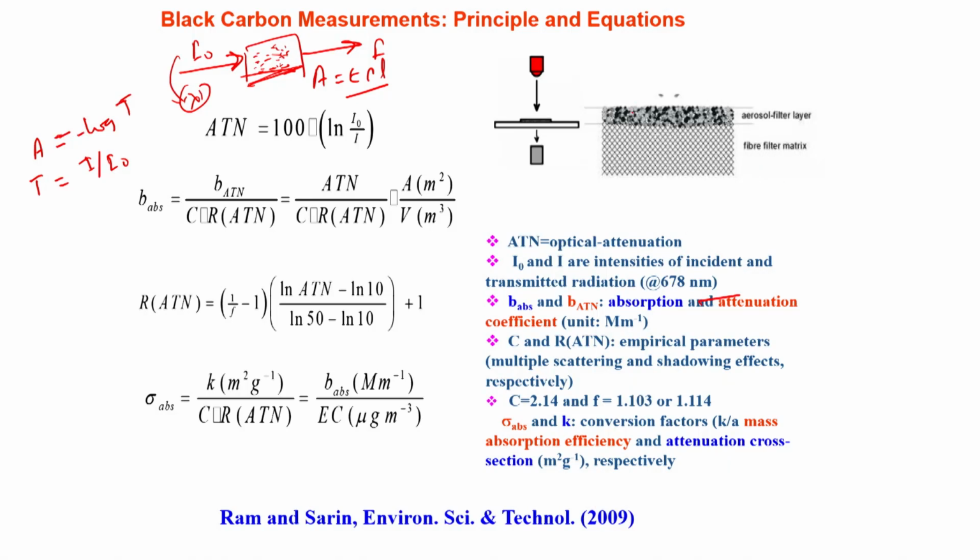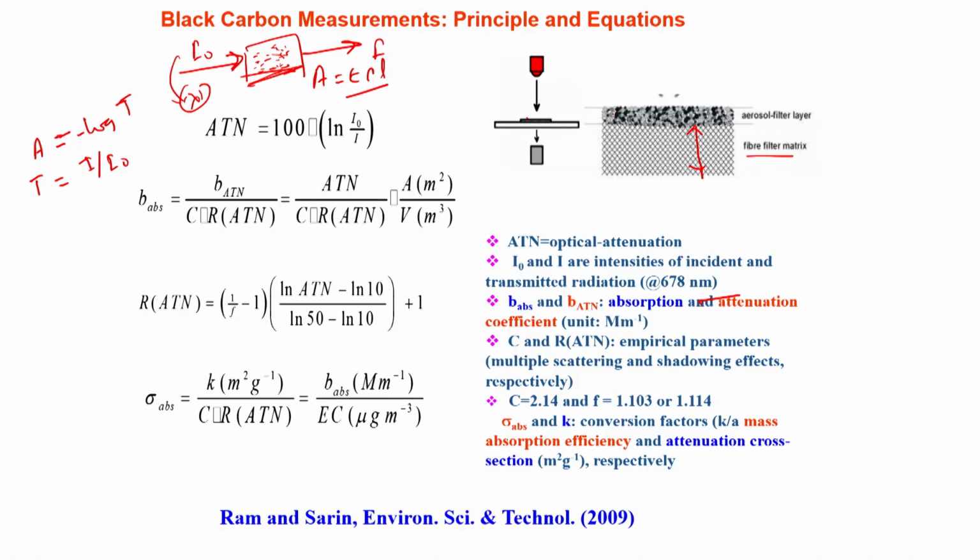So similarly, this is actually the filter matrix. Don't think that this is so thick actually. If you just see this aerosol filter layer, it is small compared to the filter, but it is not like that actually, because these particles will be embedded in the filter. Now what will happen?